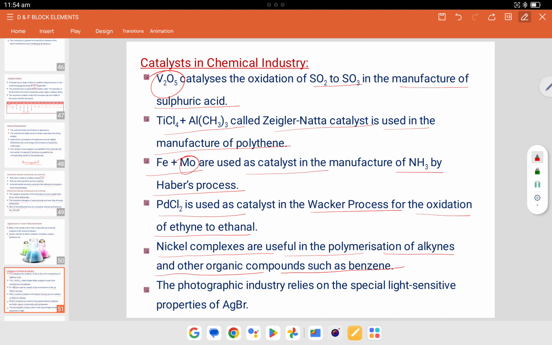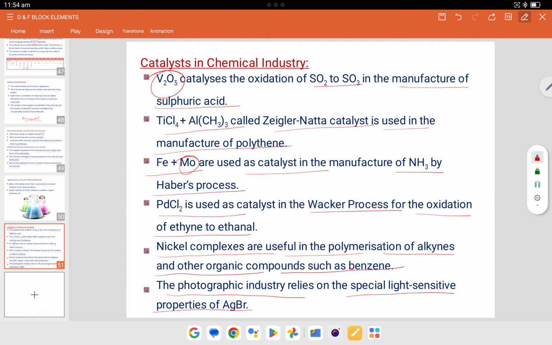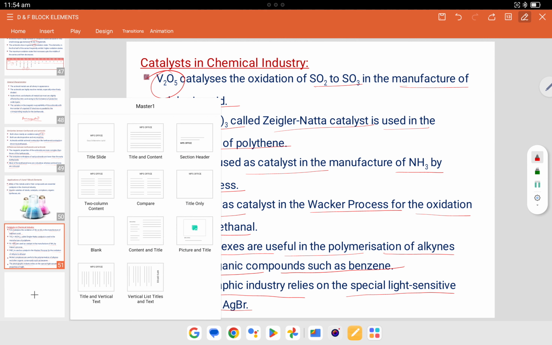The photographic industry relies on the special light-sensitive properties of AgBr. So these are the industrial catalytic uses, and this way the chapter is completed.